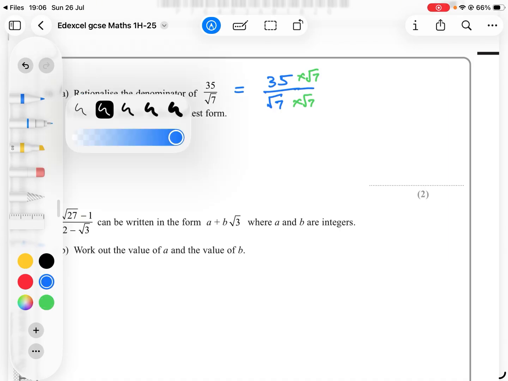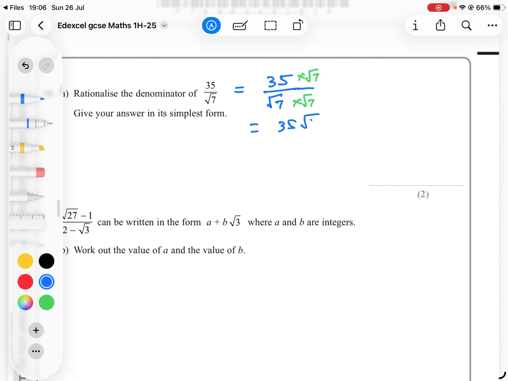Now, that equals 35 times root 7, 35 root 7 divided by root 7 times root 7, which is 7. Root 7 times root 7 is always 7.